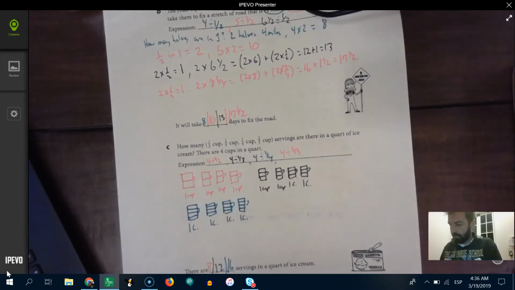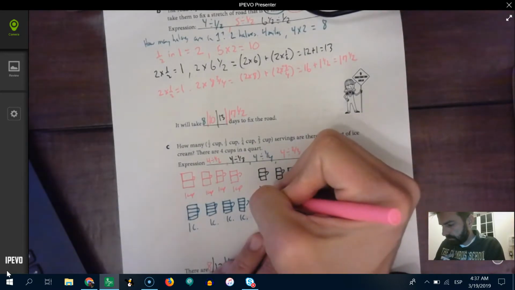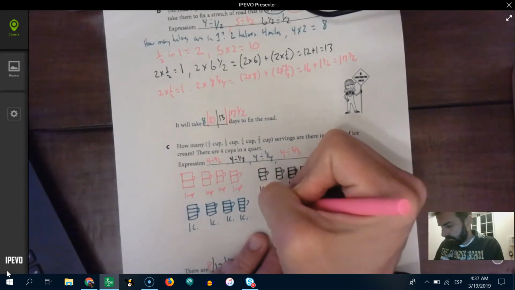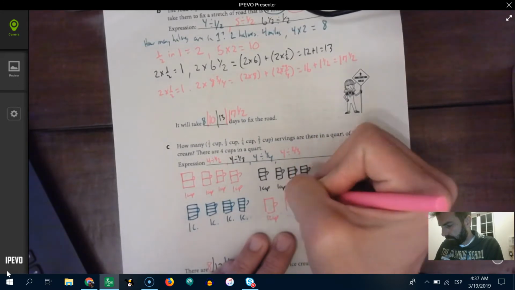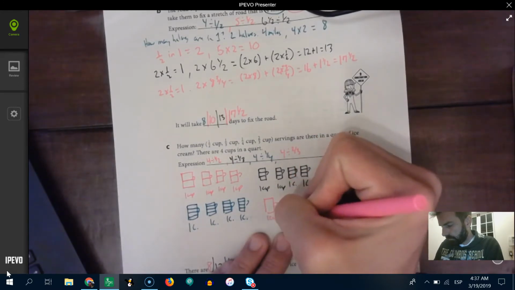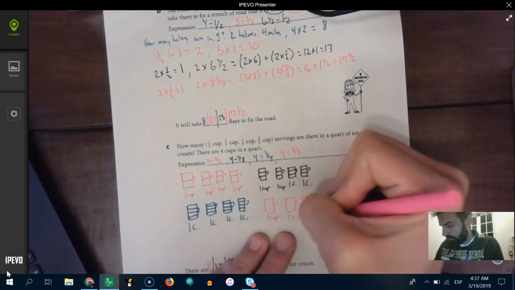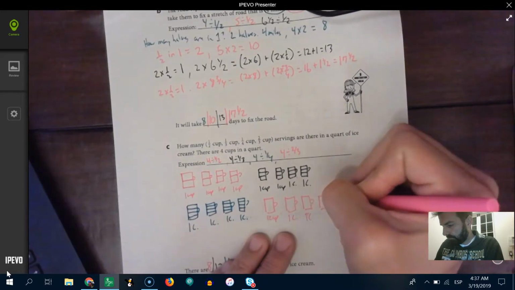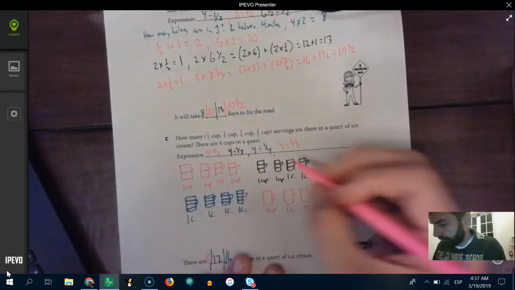And finally, 4 divided by 2/3. One cup. This is my second cup, my third cup, and my fourth cup. And then I'm going to do thirds again.